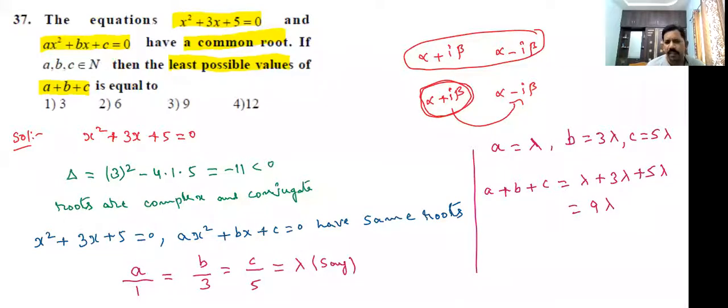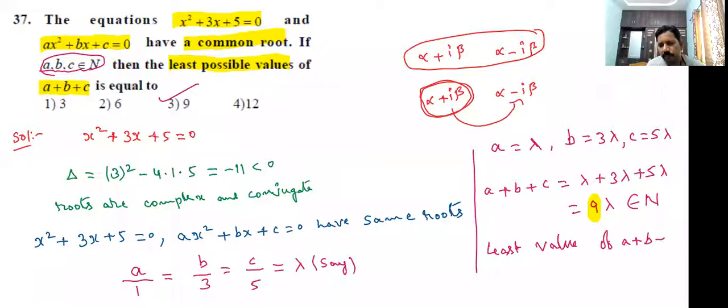Lambda is an integer and a, b, c also belong to N, the natural numbers. The sum of natural numbers also belongs to N. So the least value we get is 9 only. Which option is correct? Third option. The least value of a plus b plus c is 9. This is the answer.